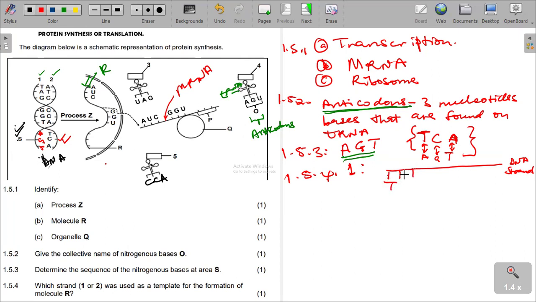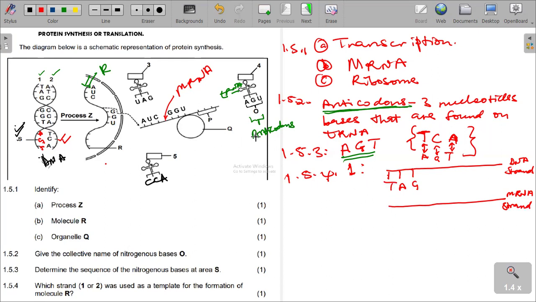We have got T, we have got A, we have got G. So the mRNA strand which is supposed to be formed there, our mRNA strand, must have the complementary bases that must pair here.